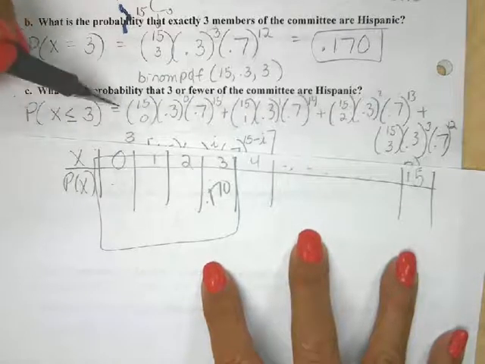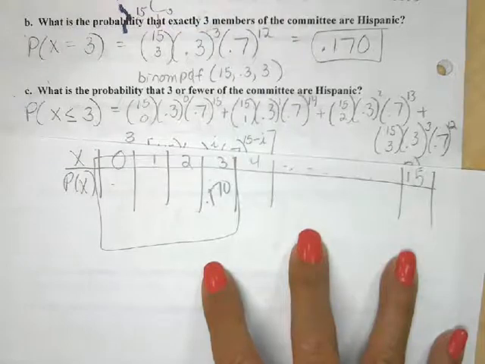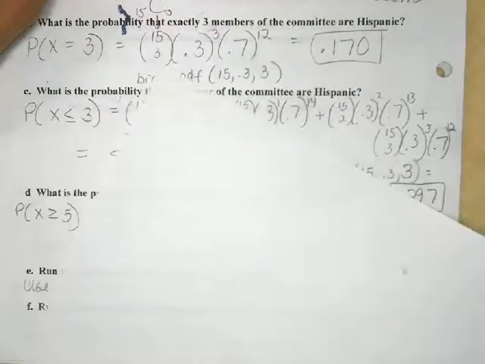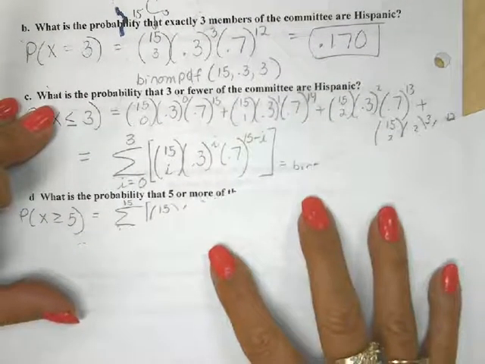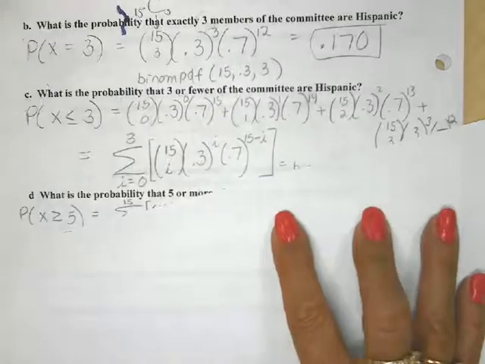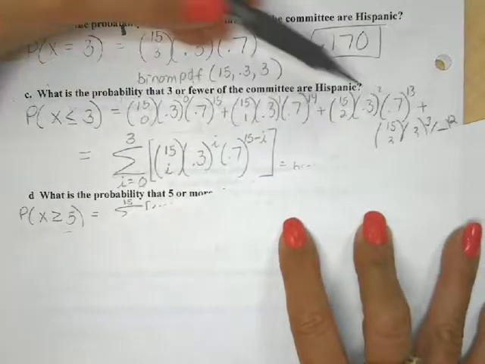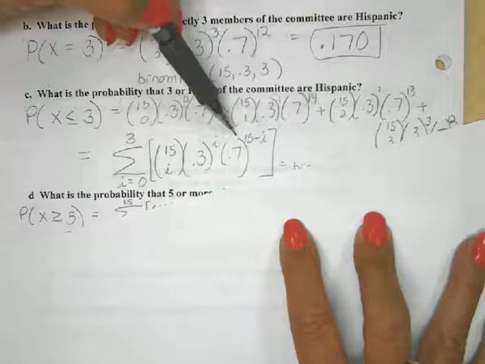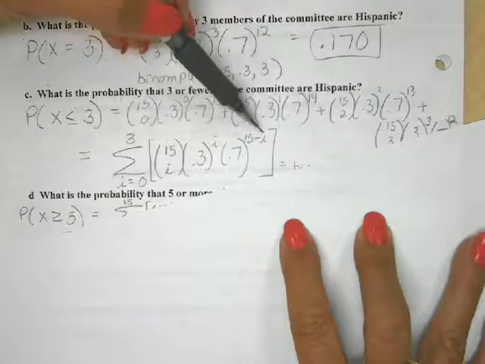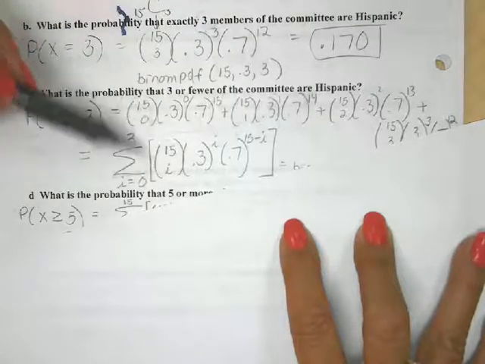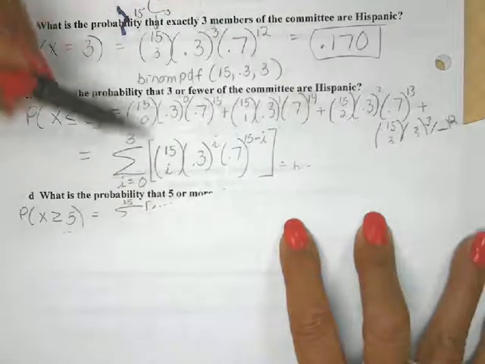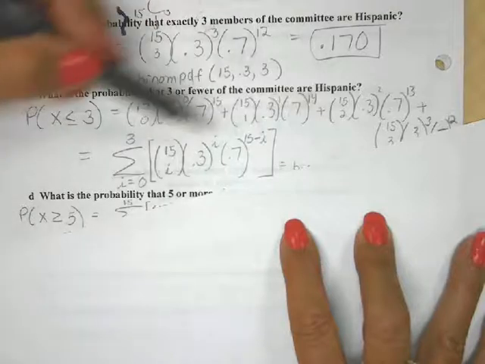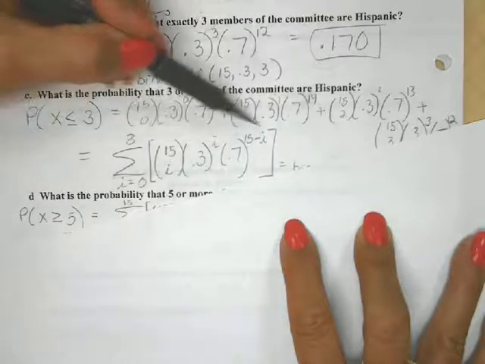You need to be able to either write this down, or we actually have a faster way by using some sigma notation. And let me show you the sigma notation. If we look at what's happening, I can see that each of these different features has a combination, a probability of success, and a probability of failure. And they're each raised to an exponent that's changing, as well as this combination has this number changing. So my first term had this be a 0, 0, and this was a 15. My second term has this being a 1, this being a 1, and this being a 14.